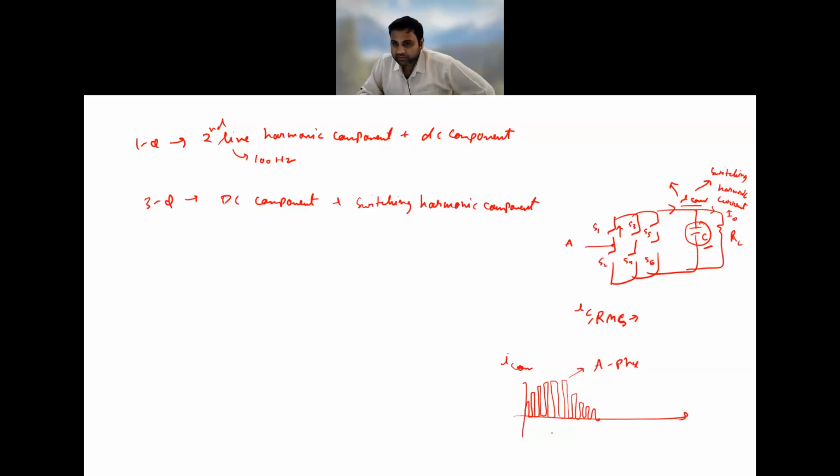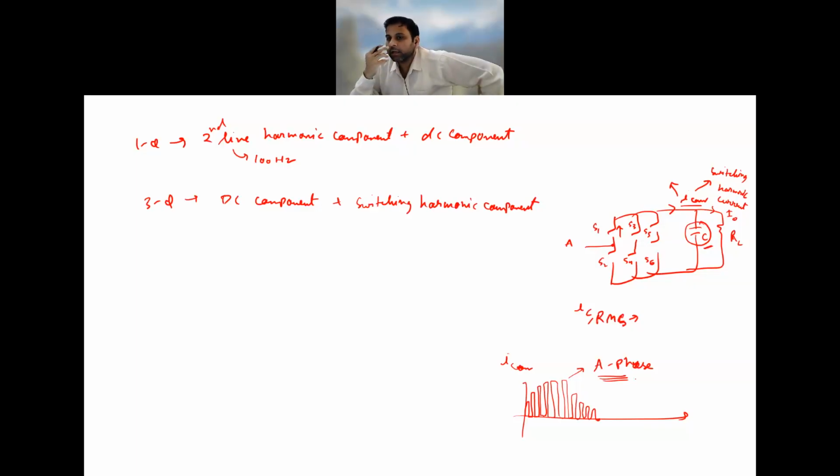Similarly, you can do it for B phase and C phase, and then add them together. So this kind of thing will come into the picture. That is the reason why the switching harmonic component of current will be there, but there will not be any second line harmonic component.